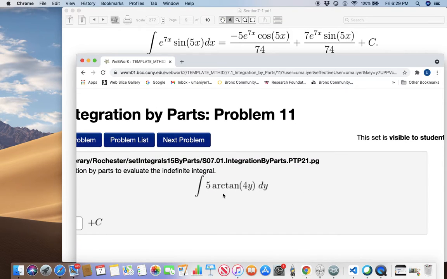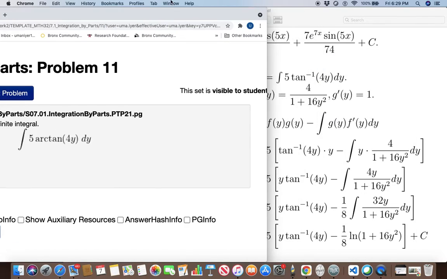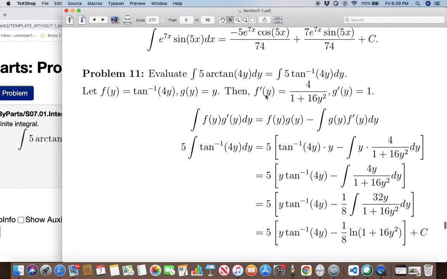Next, 5 arctan of 4y. We saw this just now. Well, arctan is f(y). There is no other term, so let's call the other factor 1. There is no other factor. Call it 1.